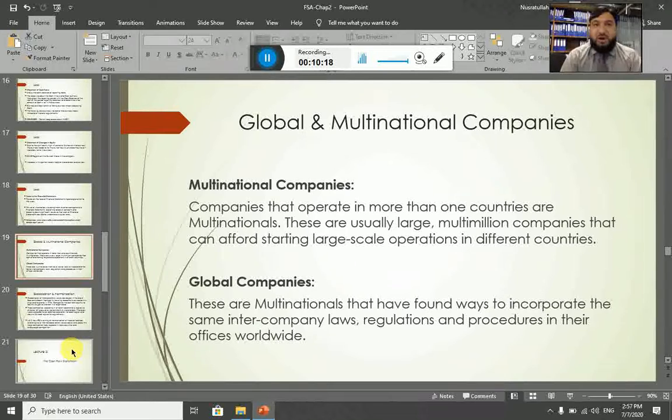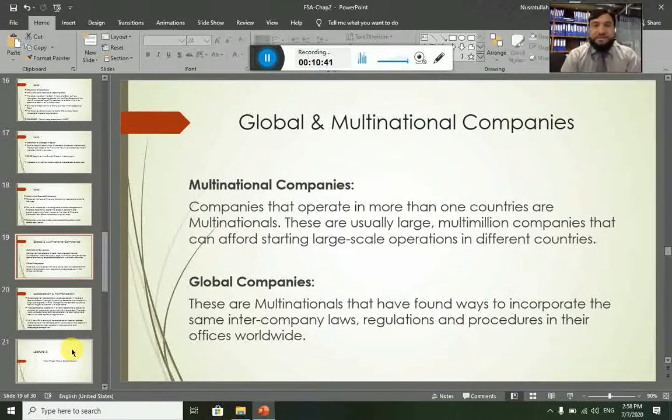They have large-scale businesses, very big businesses, right? Like Google, like Boeing, like Airbus. So these are multinational companies, right? Like Toyota, like General Motors, and others.